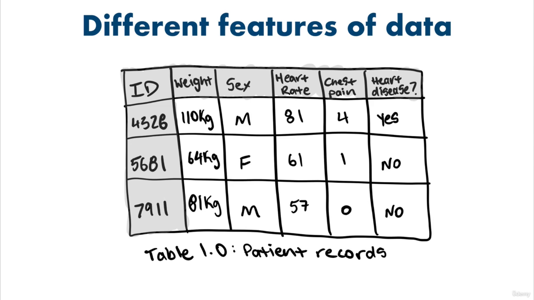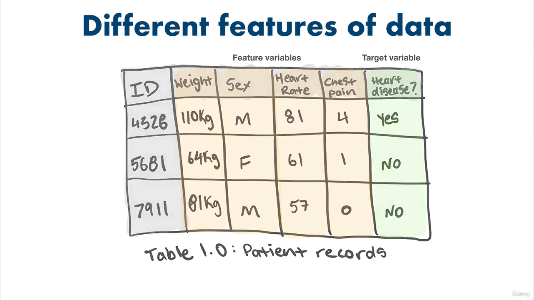These things, a patient's body weight, sex, average resting heart rate, and chest pain, are features of the data. They could also be referred to as feature variables. In other words, we want to use the feature variables to predict the target variable, which is whether or not a person has heart disease or not.